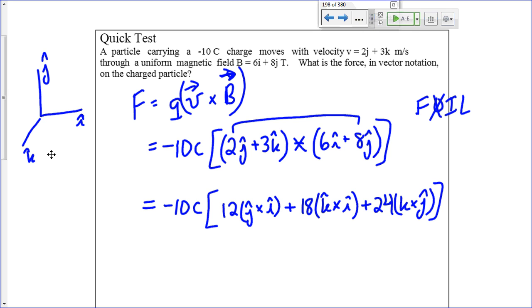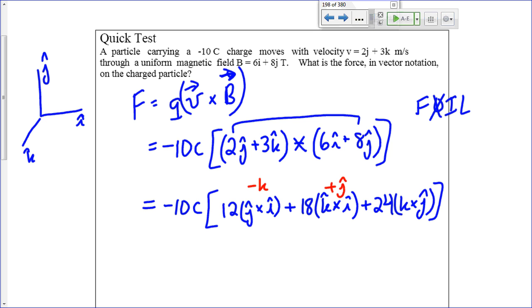What is J cross I equal to? Alright, that's negative K. K cross I? K cross I is what? It's just J. Let me show you. It's positive J. If you do that matrix mathematics, this comes out a little easier. But if I have K out of the page, I is to the right, so J is up.